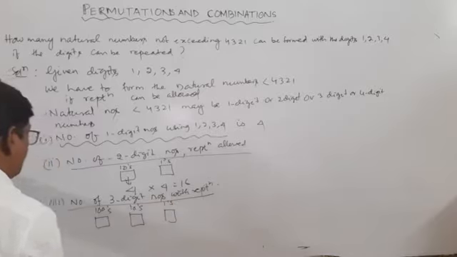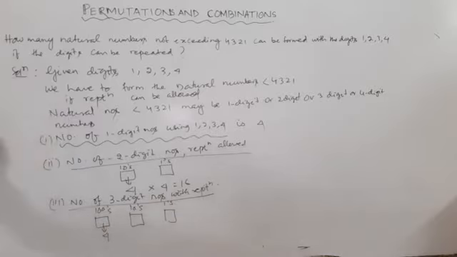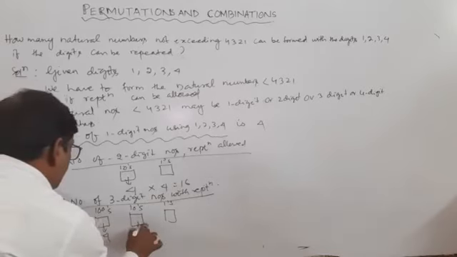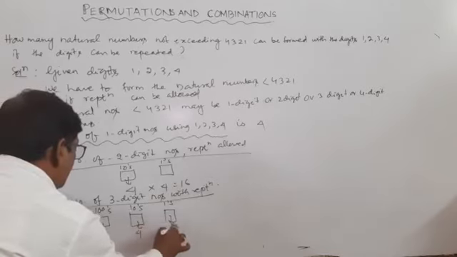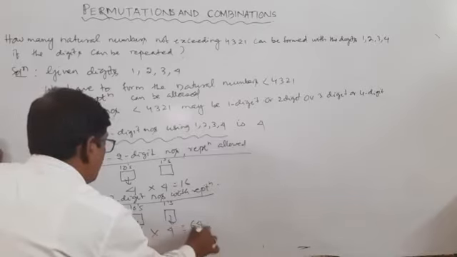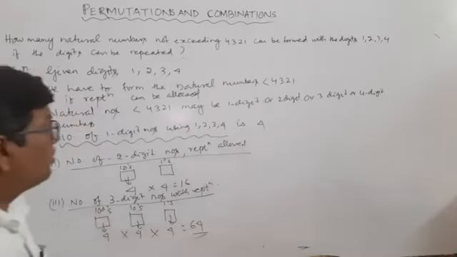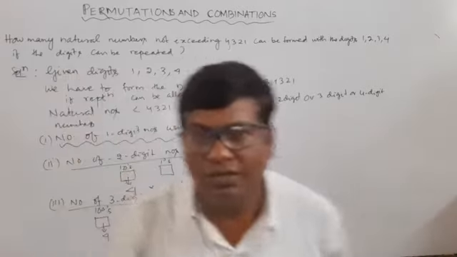Repetition is allowed, so this can be filled in 4 ways, this also in 4 ways, and this also in 4 ways. That is 4 into 4 into 4, 64 such numbers.